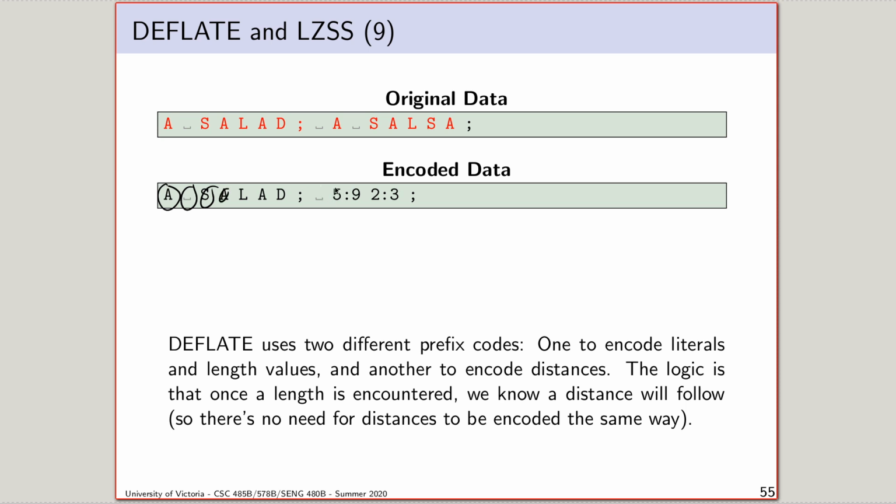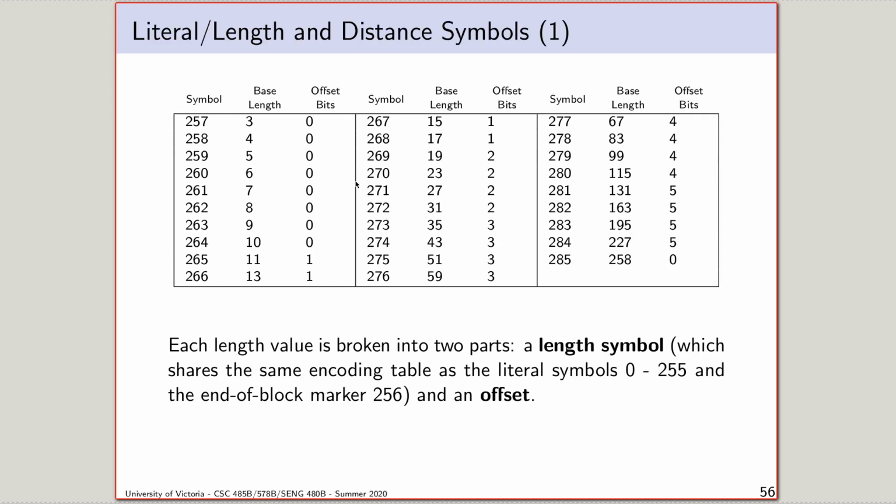Eventually I get here and I decode the length 5. I think, okay, that's a length, so now I will decode a distance with the distance coding table, and I'll decode a 9. So there's no need to use the same set of symbols containing both lengths and distances. I just need some way of differentiating lengths from distances and lengths from literals. So here's what we do. We define the symbol set so that symbols 0 through 255 are our usual 8-bit sequences.